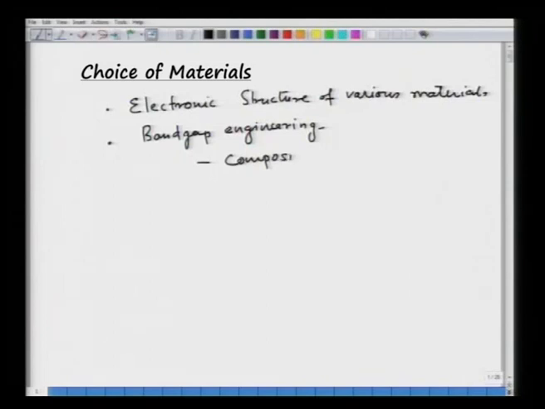So, composition is one way of changing band gap. The other one would be through strain or lattice mismatching. Yet another technique that is available to us for changing band gap is quantum well structure.